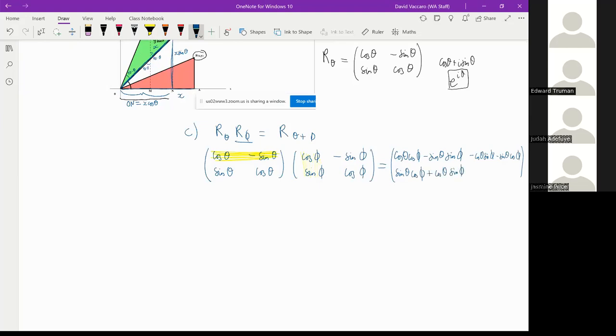And then finally we get cos theta cos phi minus sine theta sine phi. But let's look at each of the four bits. Cos theta cos phi minus sine theta sine phi, well, that's just a compound angle formula. That's just cos of theta plus phi. Sine theta cos phi plus cos theta sine phi, well, that's just a compound angle formula. So that's sine of theta plus phi. And then the other terms are the same, but with a different sign, or exactly the same.